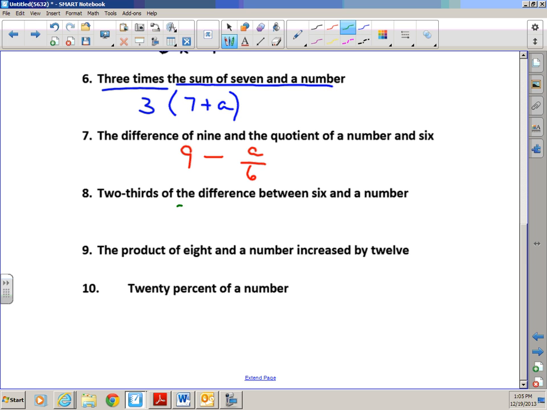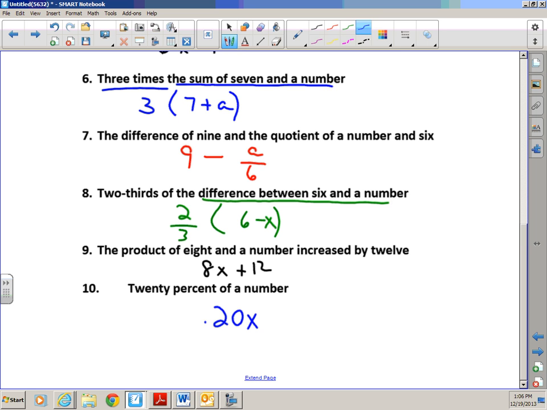Two-thirds of the difference between 6 and a number. So this is telling me take 2/3 of the difference, all right? That means I got to do that subtraction first. The product of 8 and a number increased by 12, and then finally 20% of a number.